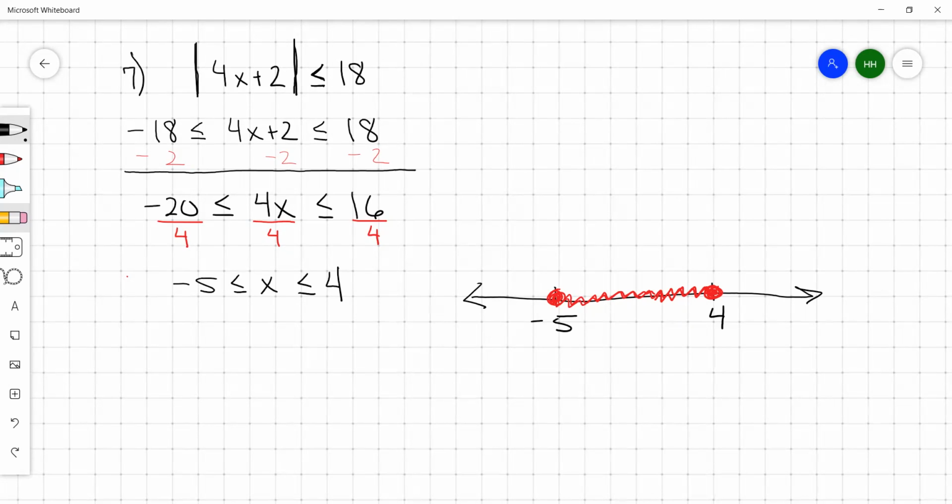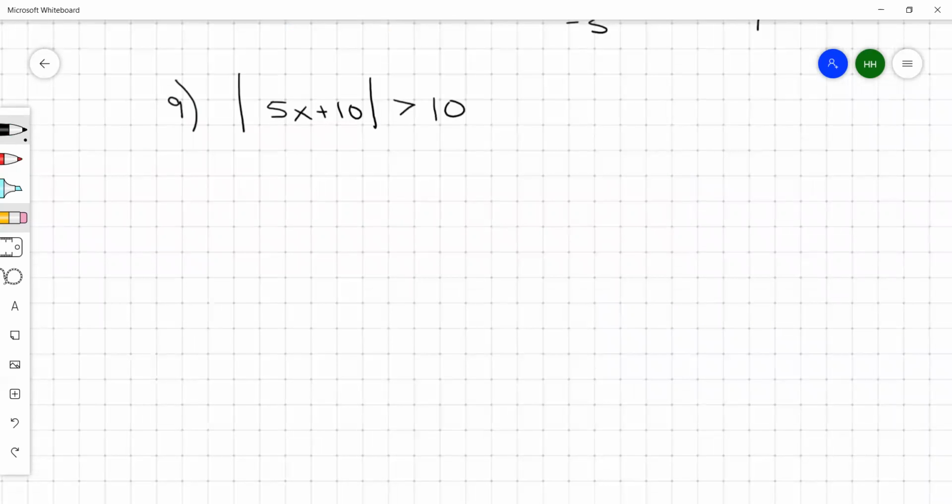And then we'll do one greater than problem because that technique is a little bit different. So number 9, we got the absolute value of 5x plus 10 greater than 10. So you've got the absolute value symbol on the left by itself.